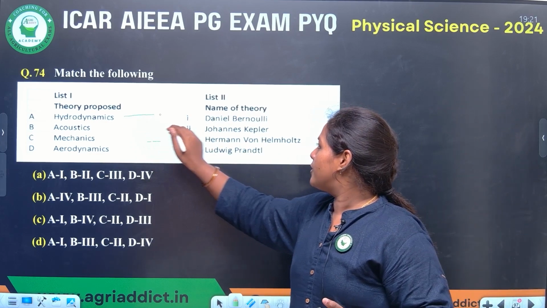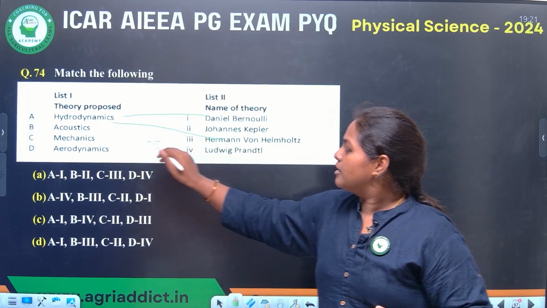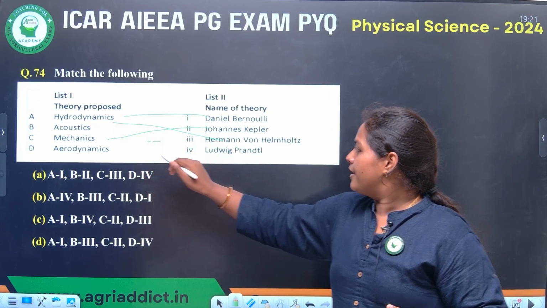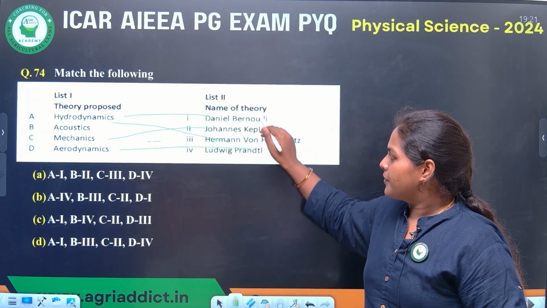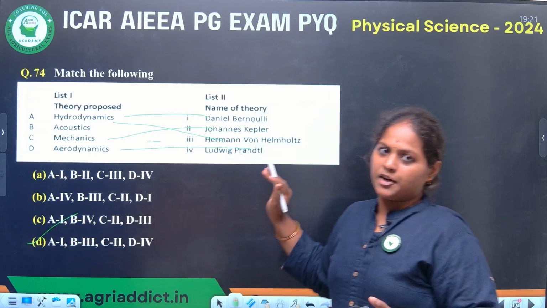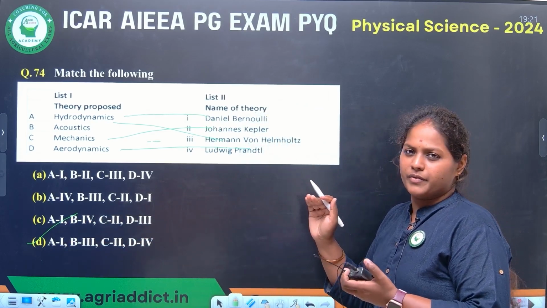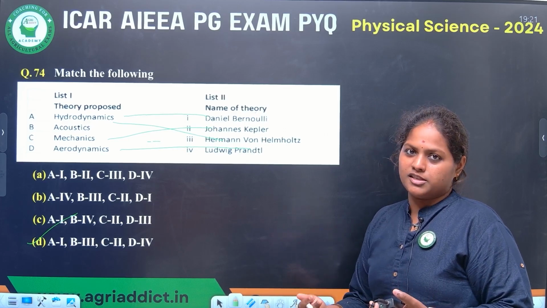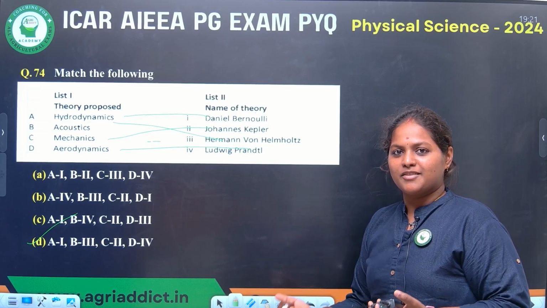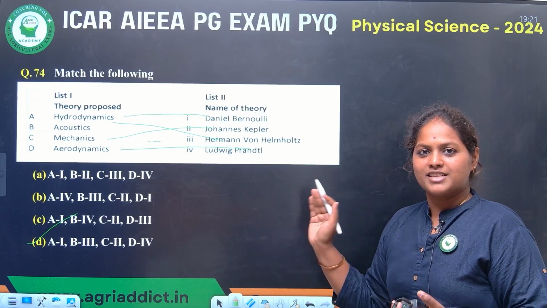Hydrodynamics theory given by Bernoulli, acoustics by Helmholtz, mechanics Kepler, aerodynamics Prandtl. 1, 3, 2, 4. Option D. These kinds of questions no one can expect any time, because these are all basics. When we are reading for soil science, we are opting for advanced physics and chemistry of plus two, so we should face such questions.